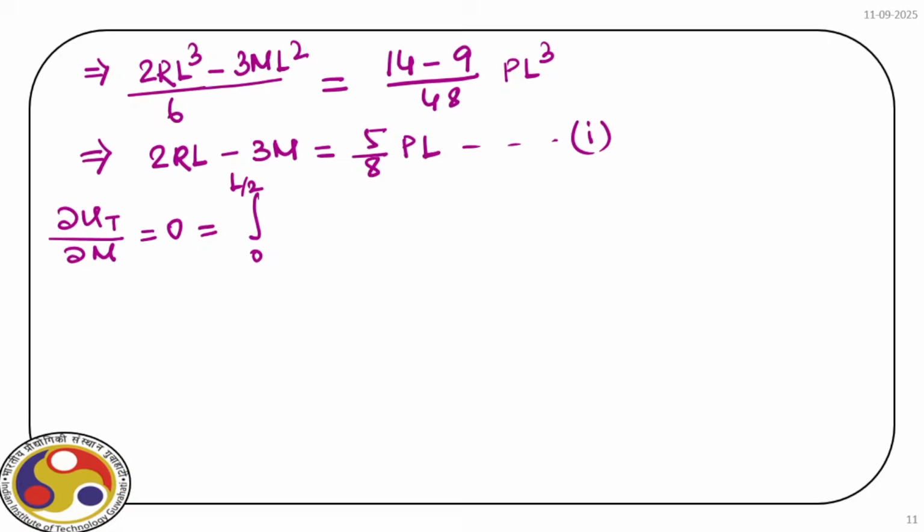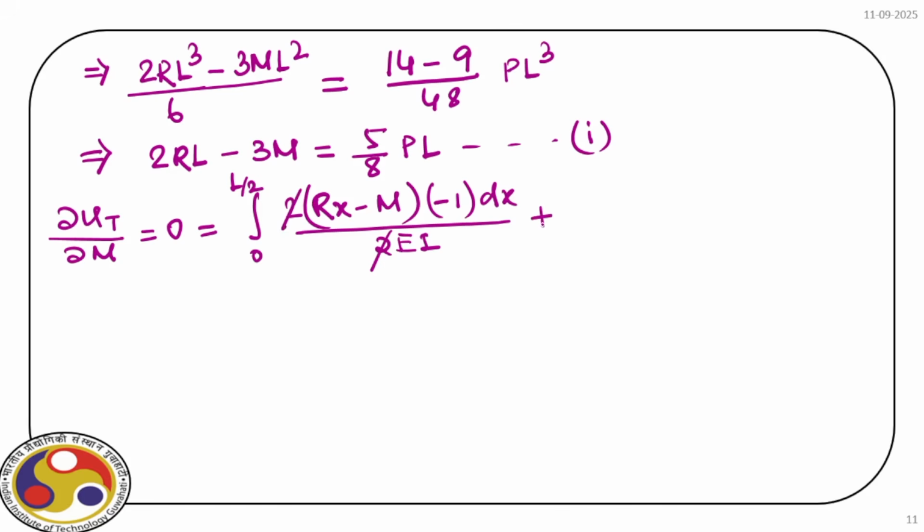So if we differentiate that, we have 2 Rx minus M, and then we differentiate minus M with respect to M. So we'll have minus 1 dx divided by twice EI. So this 2 and this 2 will get cancelled.